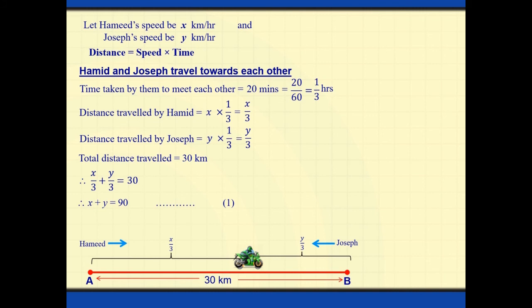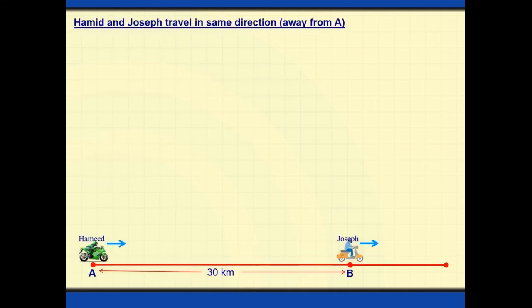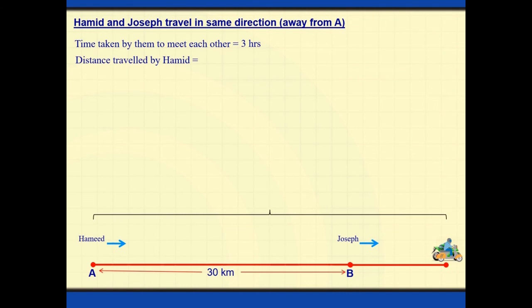In the second case, that is when Hamid and Joseph travel in the same direction away from A, they meet each other after 3 hours because Hamid's speed is greater. So now the time taken by them to meet each other is 3 hours. The same formula, that is distance is speed into time. Now here the distance traveled by Hamid will be more, that is x into 3, 3x.